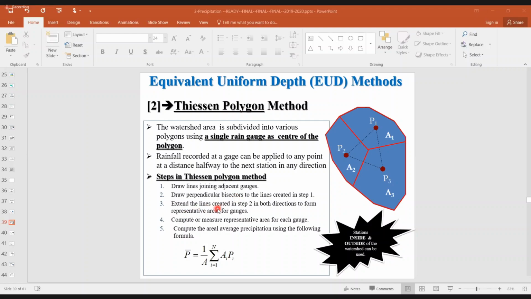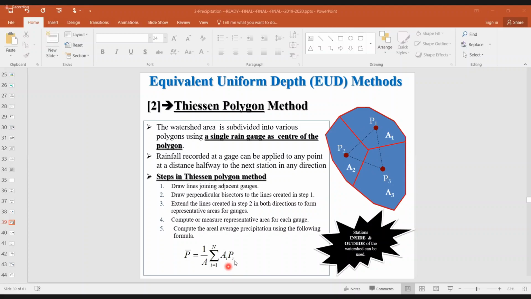Extend the lines created in step 2 so that they connect, and compute the respective areas and make the computation. See, here he writes A. But I would say when you have found your areas, they may not add up to the watershed area. Like as I said, if the area was 500 kilometers square, you are adding only 498. So that means you have to make some correction.